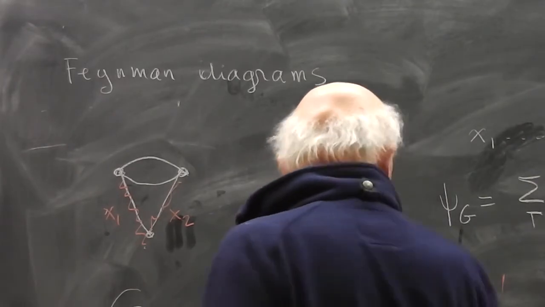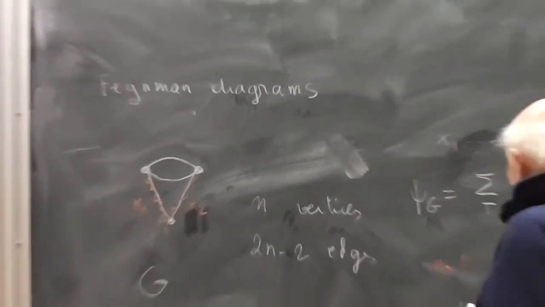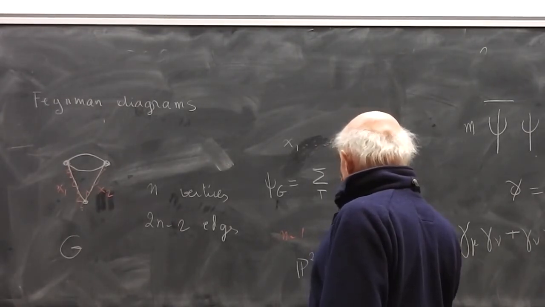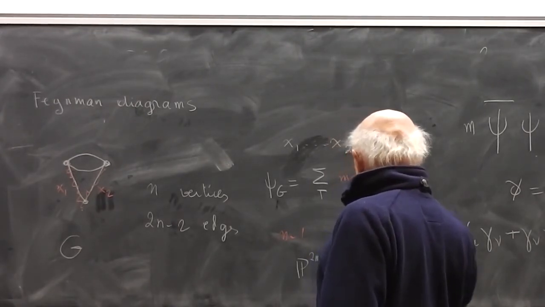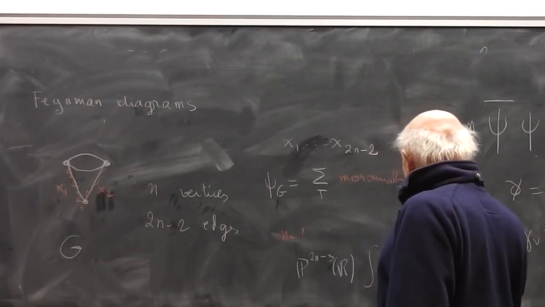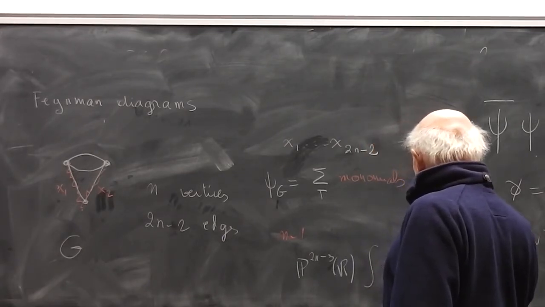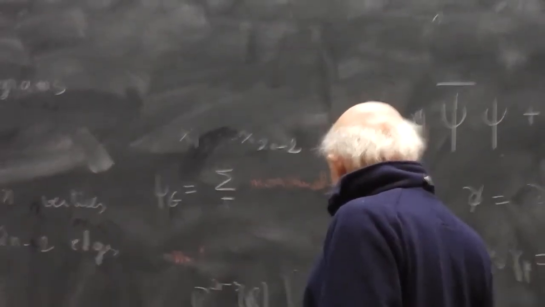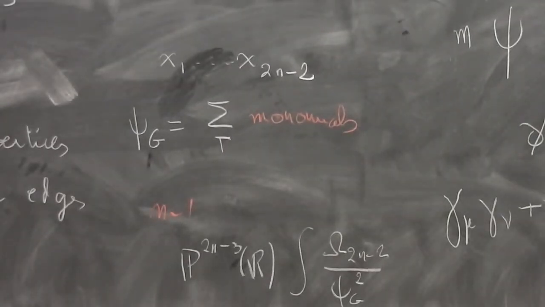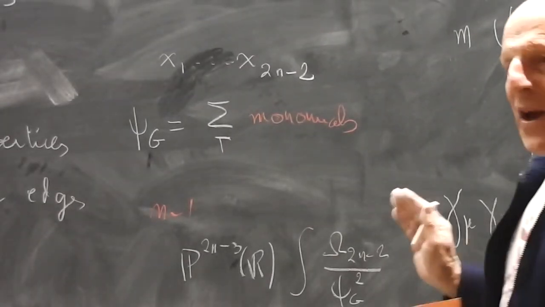Now, if you consider the projective space of dimension 2n minus 3 over R, you want to integrate over here, with the form omega over psi g to some power. Well, you have to deal with homogeneous coordinates. There is a well-known trick to integrate invariantly.